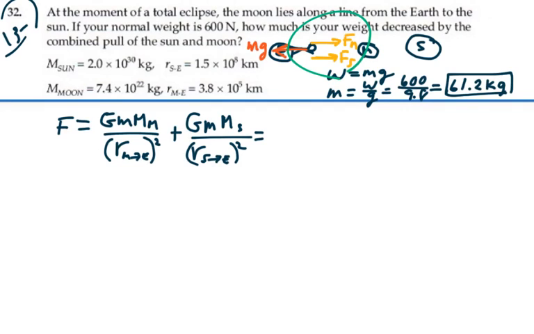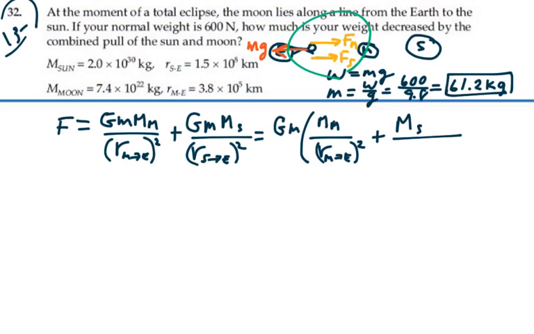So if we factor out G and your mass, we are left with the mass of the Moon over the distance from the Moon to the Earth, that distance squared, plus the mass of the Sun over the distance from the Sun to the Earth, that distance squared.